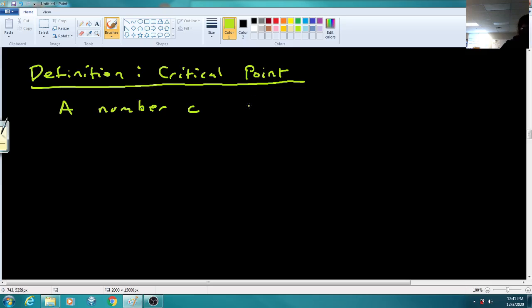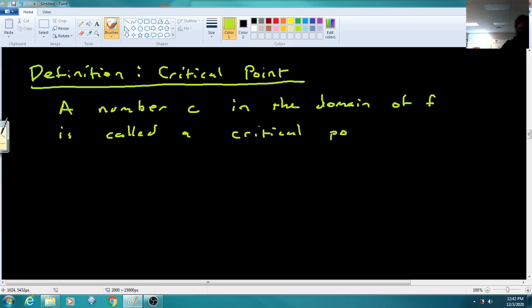We say a number c in the domain of f is called a critical point if either f prime of c is 0 or f prime of c does not exist.